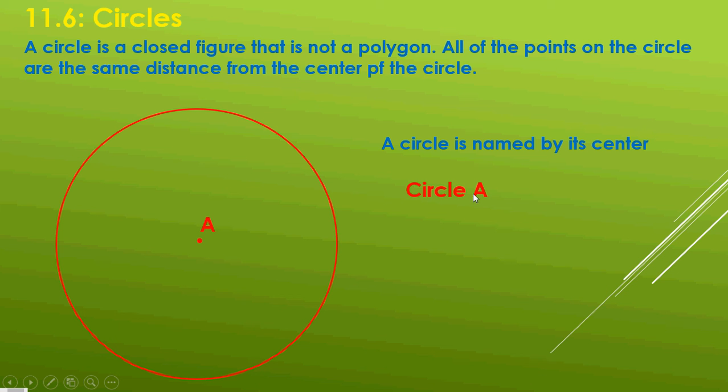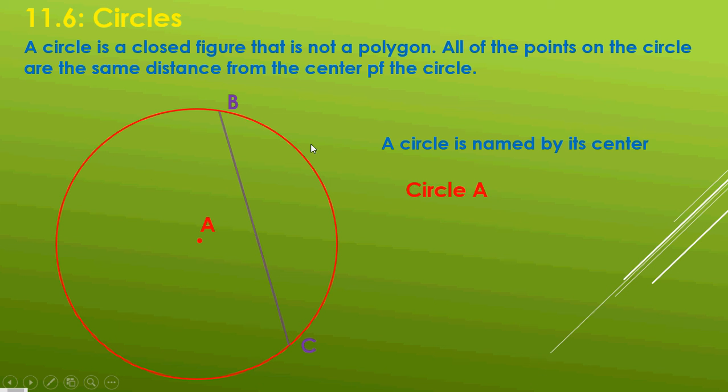Okay? Now, if I draw a line, do you see this line? Question, does this line touch the center? No. This line doesn't touch this point. I'm going to put B and C, okay?